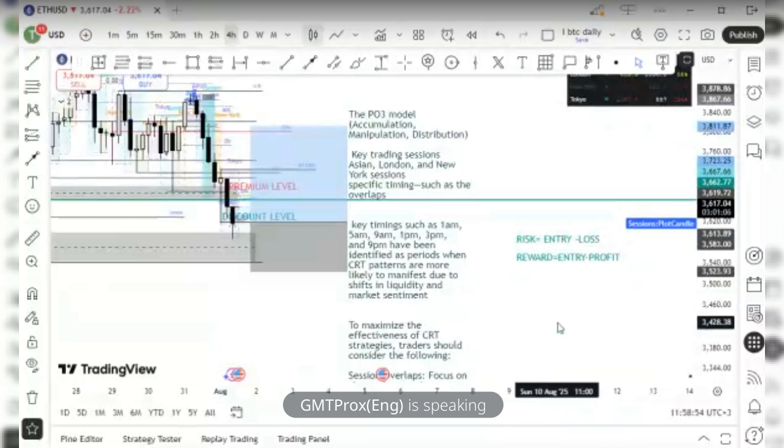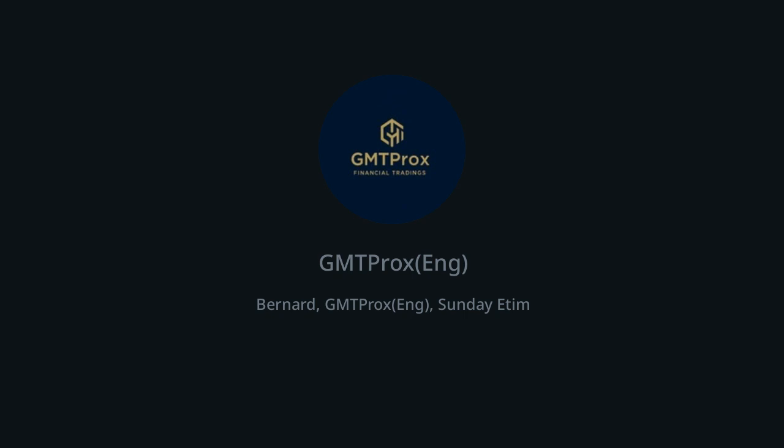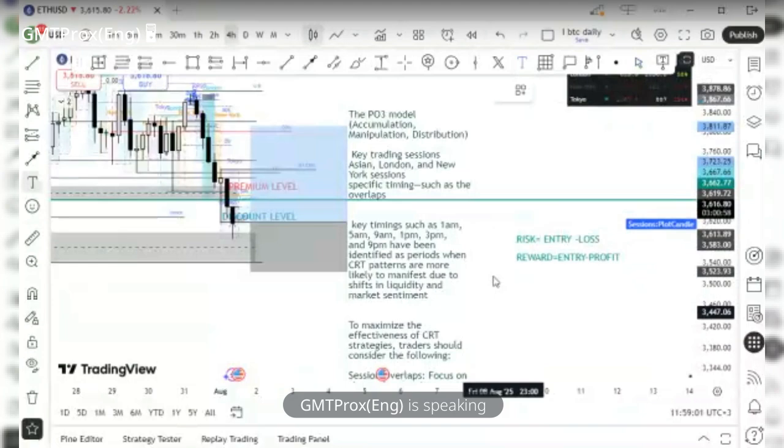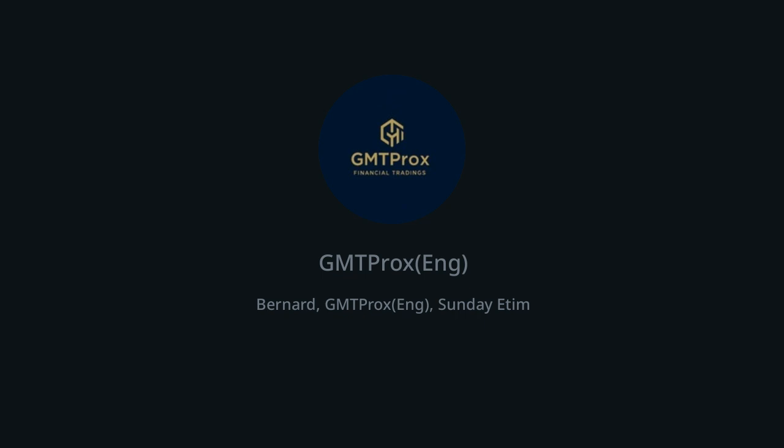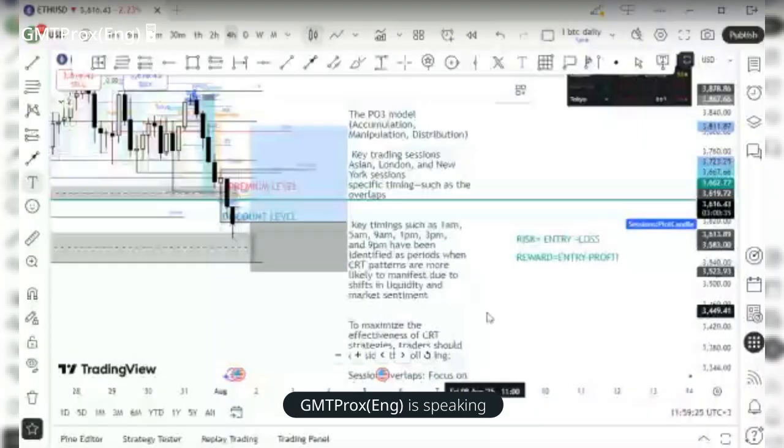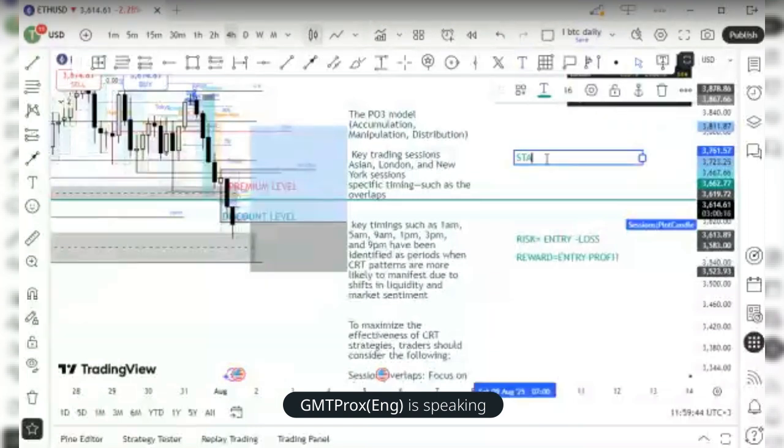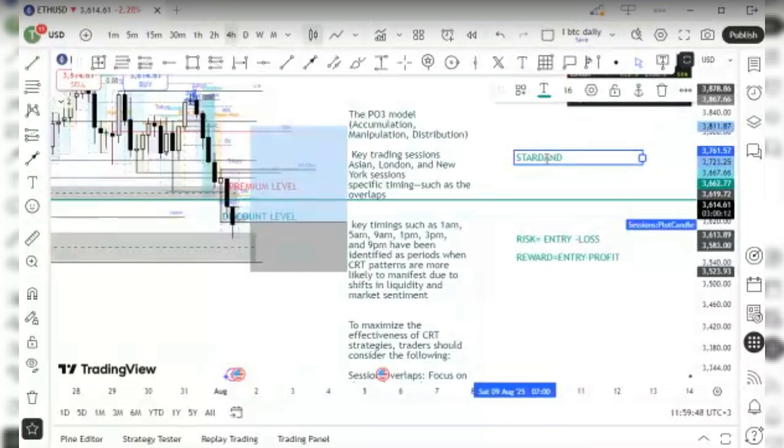For the lot size, go with 0.01. Why? Because when converting lot sizes, we have standard, medium business and small business. Standard lot size is 1.